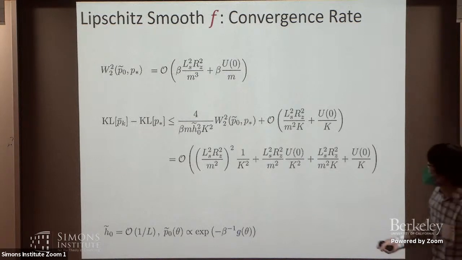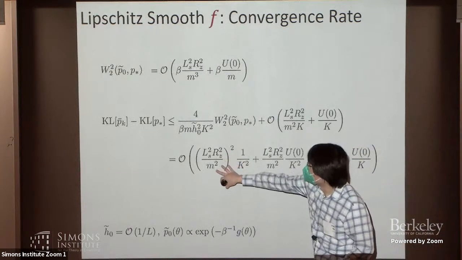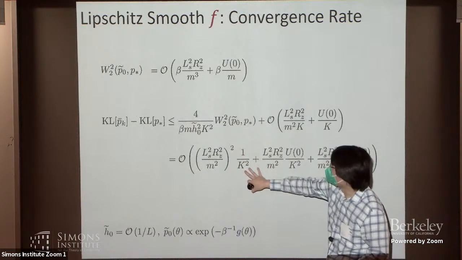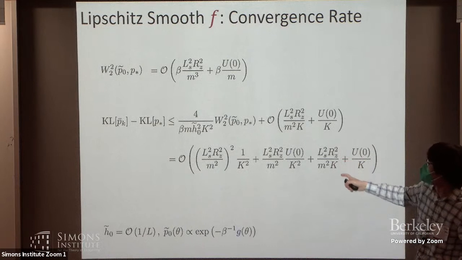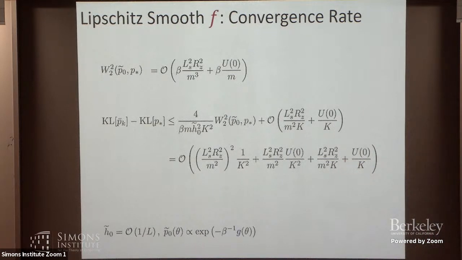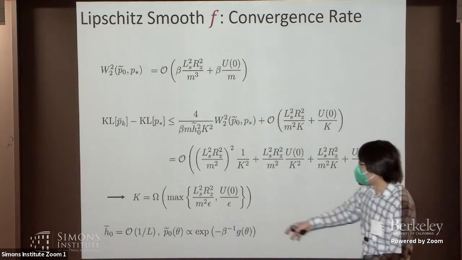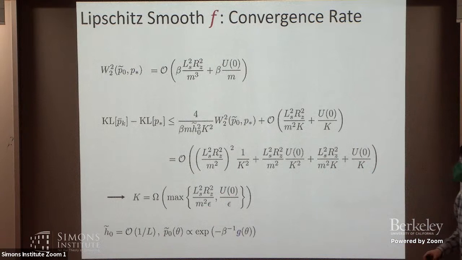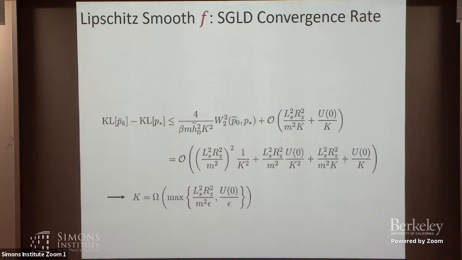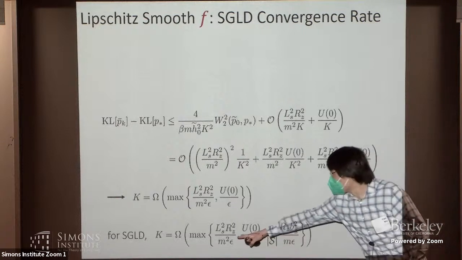So plugging that back into our bound, that gives us L squared R squared over M squared, squared, but divided by K squared. So it matches this term, which is L squared R squared over M squared. That tells us that taking K to be L squared R squared over M squared times 1 over epsilon gives our desired accuracy. And for SGLD, the first term is the same.